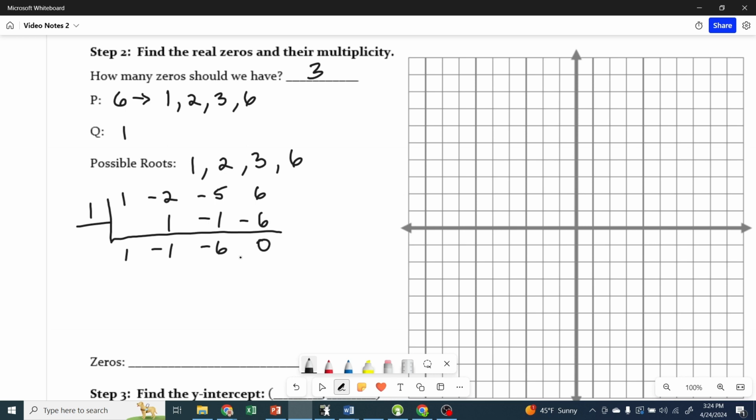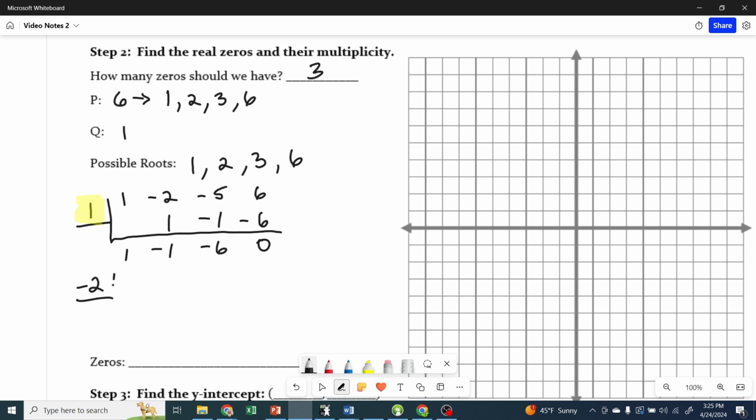So we've figured out what our first root is, right? So our first one is the number 1. Now, I'm looking at this next one. I've got negative 6 here. So I'm going to take a look at the number 2, but I'm going to make it negative, seeing that we have a negative value.